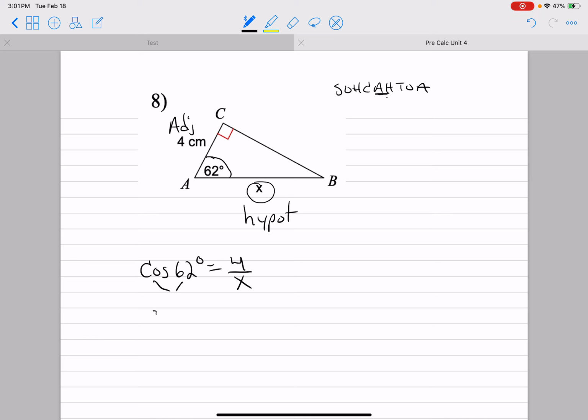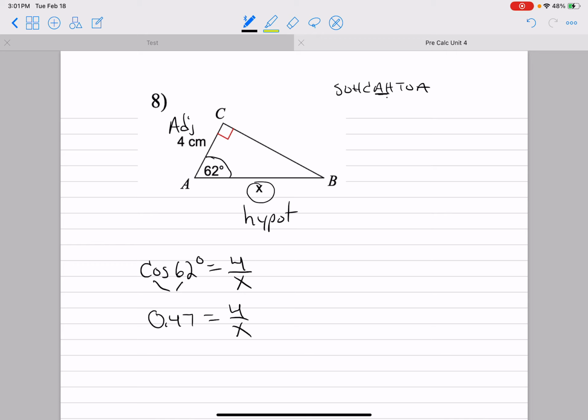I think you should get about 0.46, but let me double check. We'll call it 0.47. Cosine 62. Yep. So 0.47 should equal 4 over x.